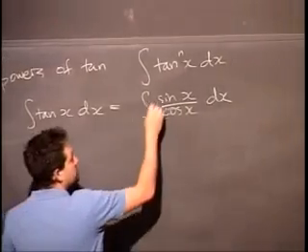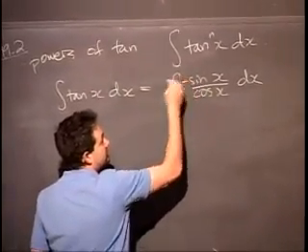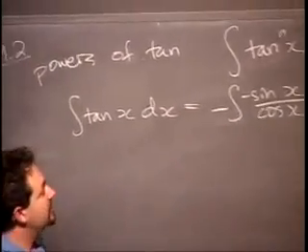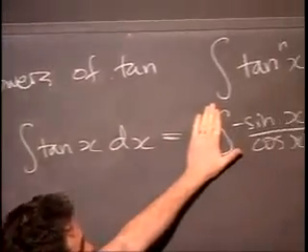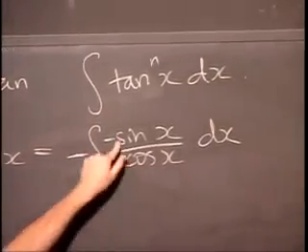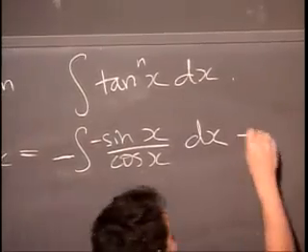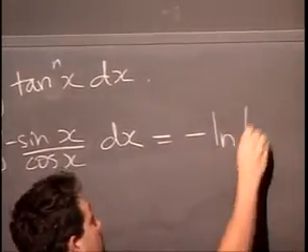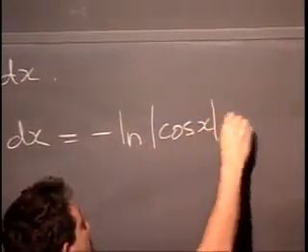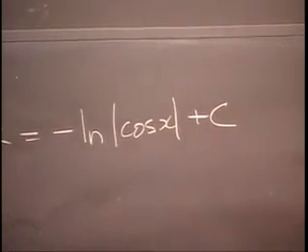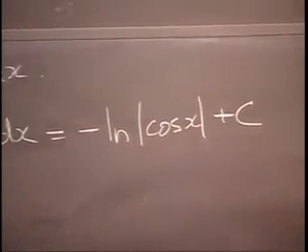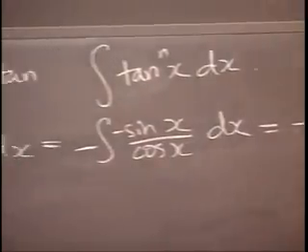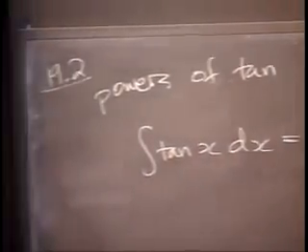So maybe we should put in a minus here and then a minus out the front. And now, ignoring the minus out the front, the derivative of the bottom is the top. So as we said, the answer is just log of the bottom, absolute value. And we'll have a minus because of the derivative of cosine being sine. Okay, so the first power of tan isn't too bad. Pretty standard.